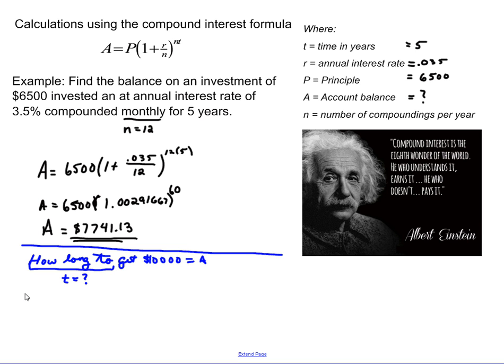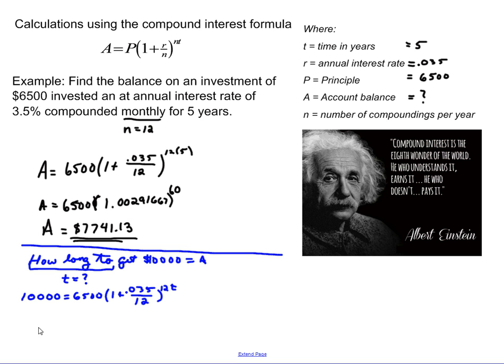That means that we're going to say, well, $10,000 is going to equal $6,500 times 1 plus 0.035 divided by 12 raised to the 12 times t amount, right? So how could we work this out?